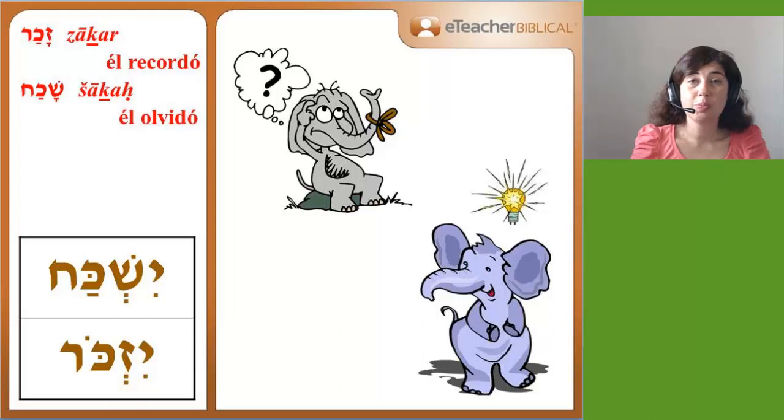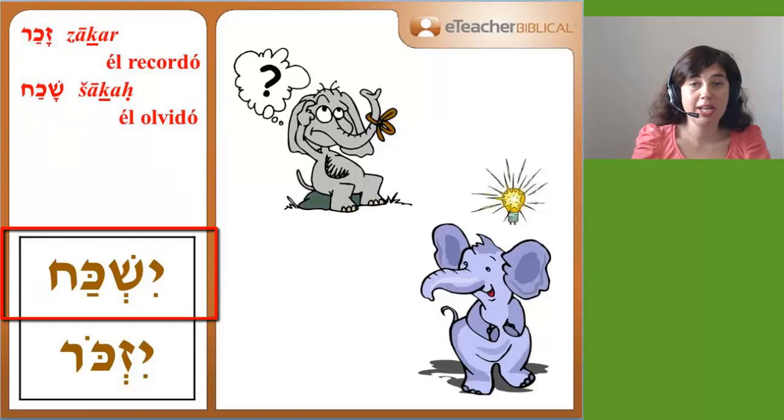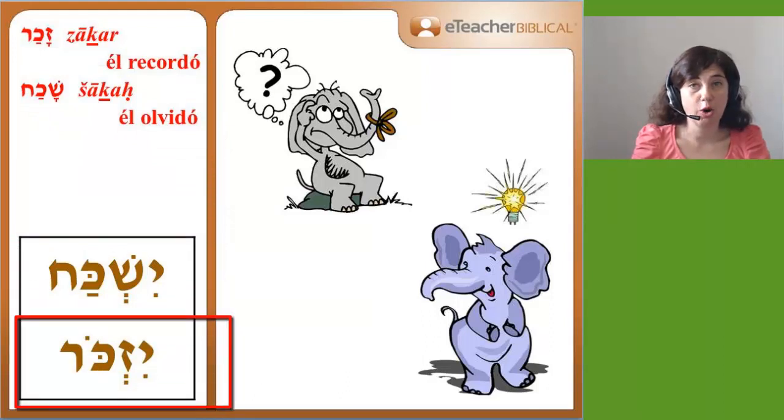I want to practice with you some of the forms that we have seen so far. New verbs, זכר, שכח, that if we put them in yiqtol, one has the a form, ישכח, and the other one has the o form, יזכור.